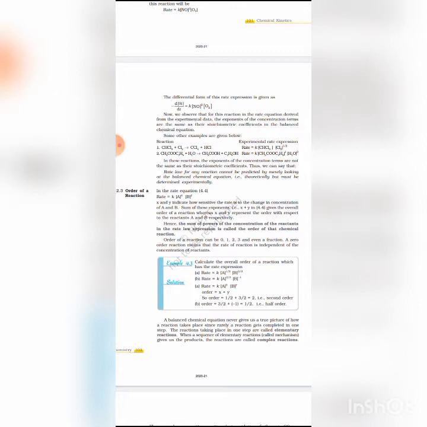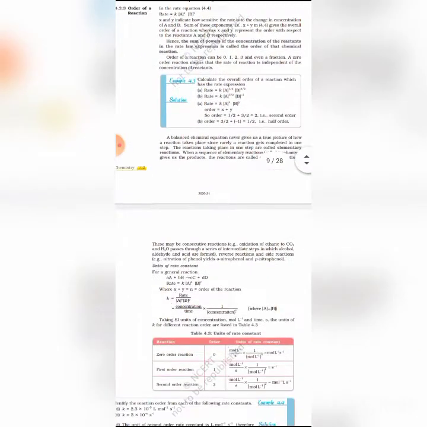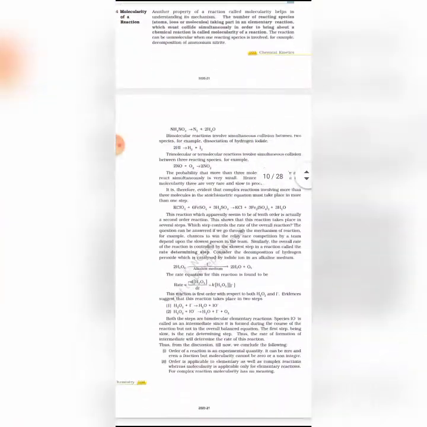Elementary reactions, student: a reaction which takes place in one step is called an elementary reaction, and when a sequence of elementary reactions gives the products, the reaction is called a complex reaction. Okay. Now molecularity.